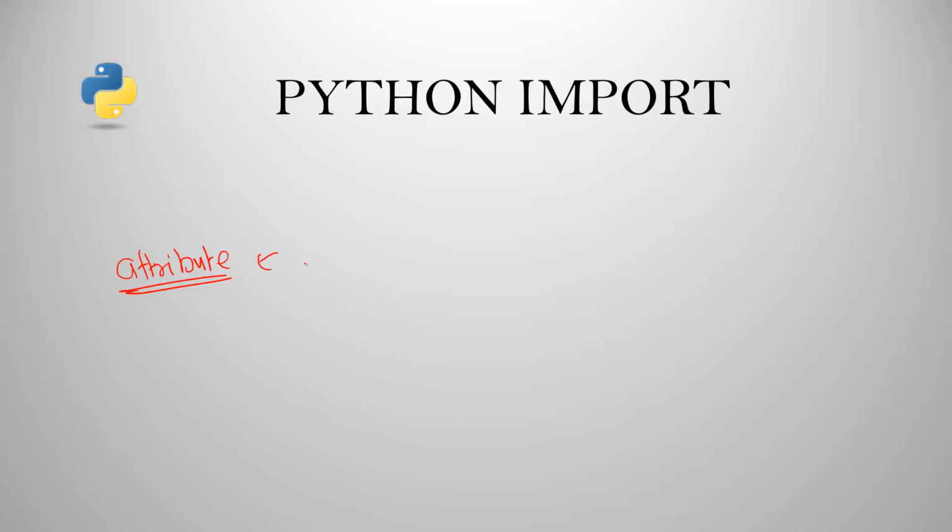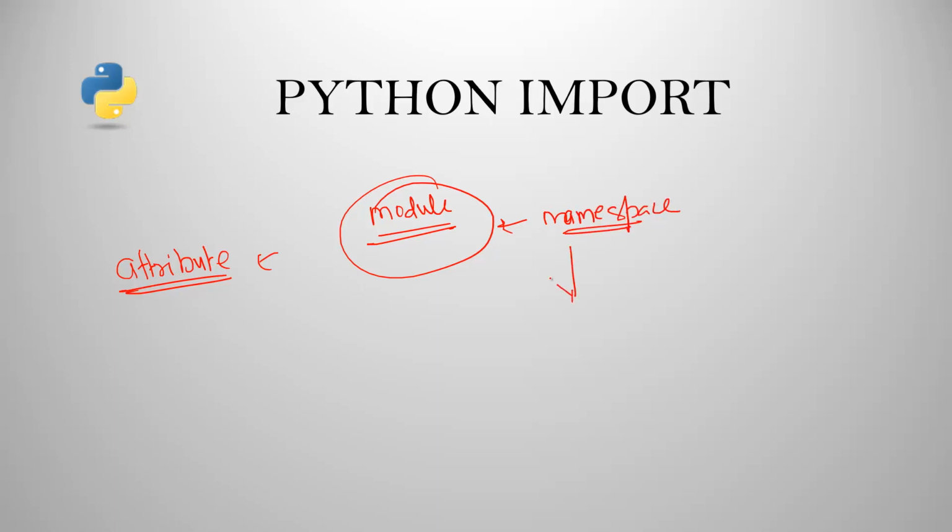The second thing is attribute. As we said, a module is just a package of variable names called a namespace, and the names within that package are called attributes. For example, you have a module. This is called a namespace, and the variables in this namespace are called attributes.